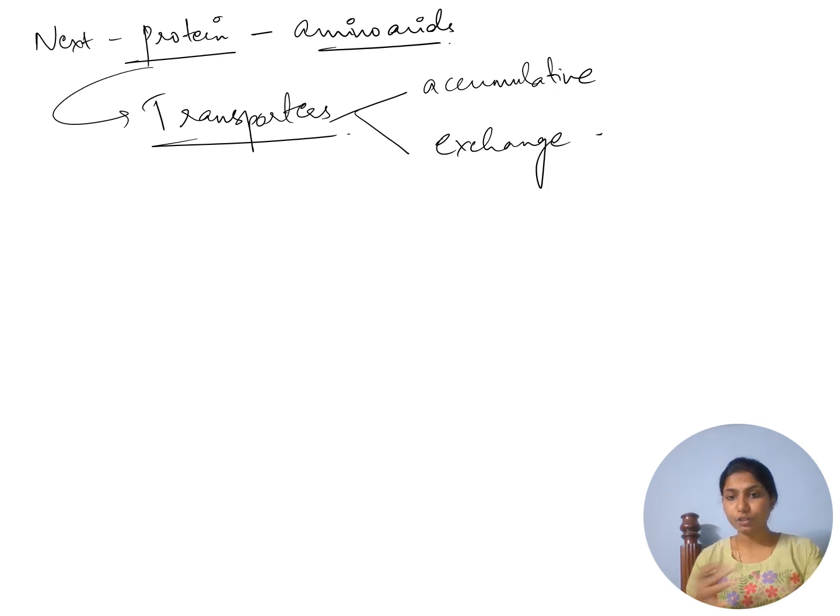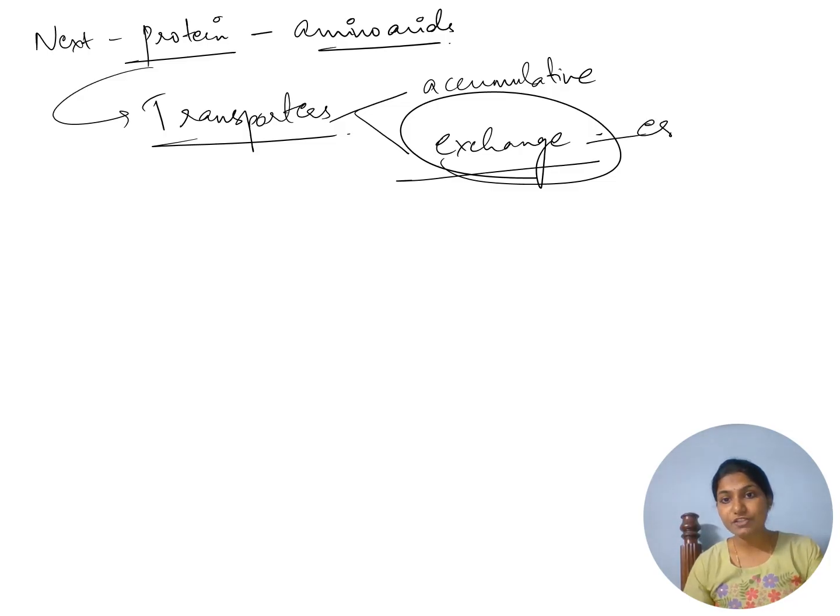What do we mean by accumulative transporters? These accumulate the essential amino acids in the placenta, and they are shunted into the fetal circulation. What about the exchange amino acid transporters? These exchange the essential amino acids, and these are preferentially shunted into the fetal circulation.